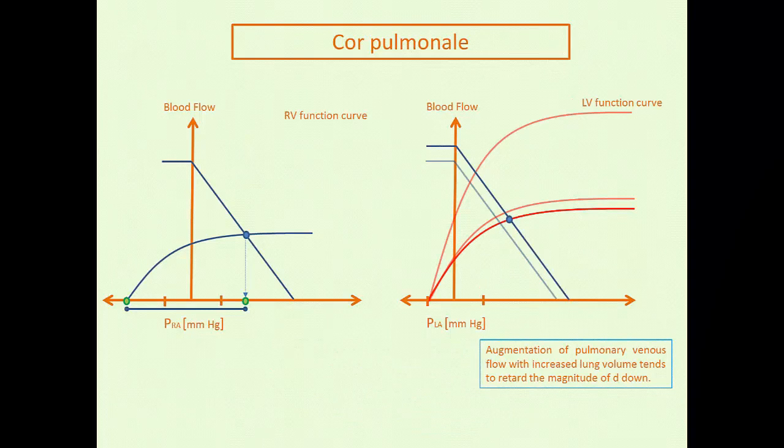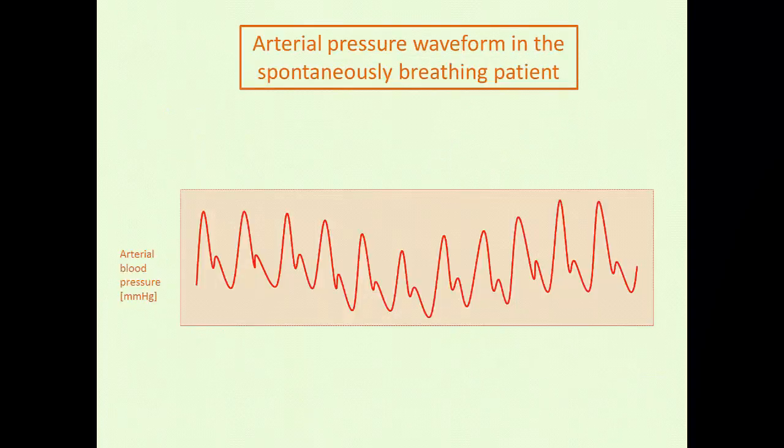The augmentation of pulmonary venous flow with increased lung volume tends to retard the magnitude of D down. But again, you can see that clearly in a patient with cor pulmonale with a high inspiratory effort, they could artifactually cause a D down, and that does not mean that this patient is fluid responsive.